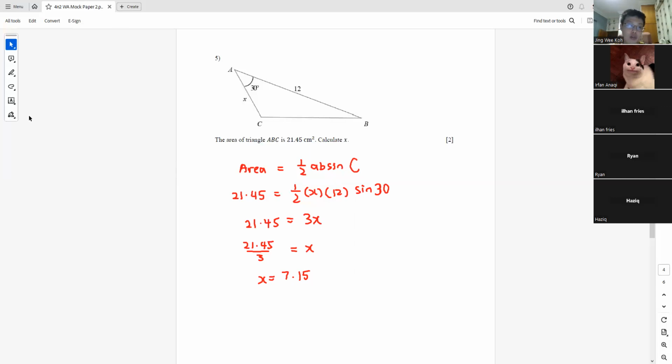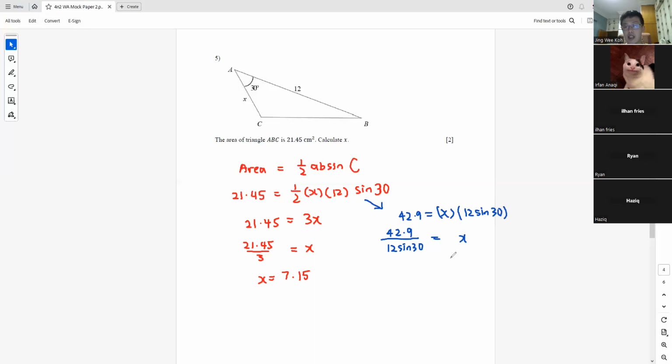Okay, if you prefer to do it like that, it's also okay. You can say I times 2 throughout first to get rid of the half. So if I times 2, it will become 42.9 equals x times 12 sine 30. To find x, I can take 42.9 divided by 12 sine 30.